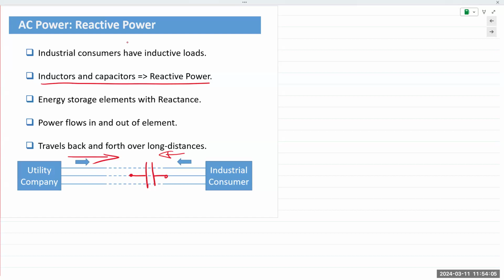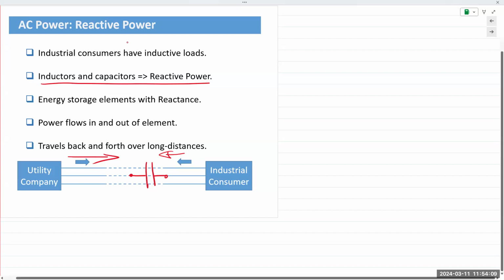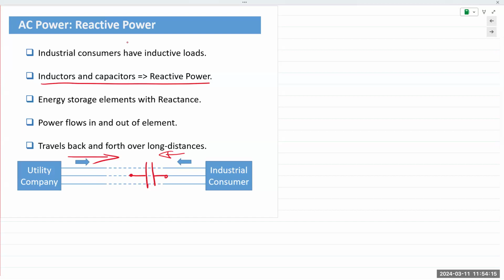Okay. So instead of traveling back and forth over long distances, if we place a capacitor or a bunch of capacitors right next to the inductive load, the power will flow out of the inductor and travel only a short distance. Does that make sense?